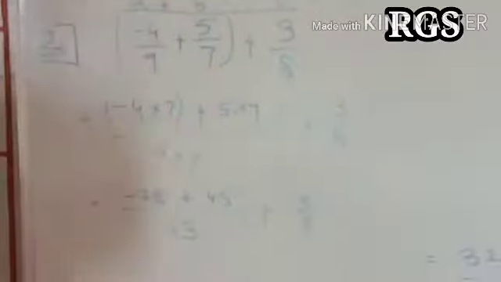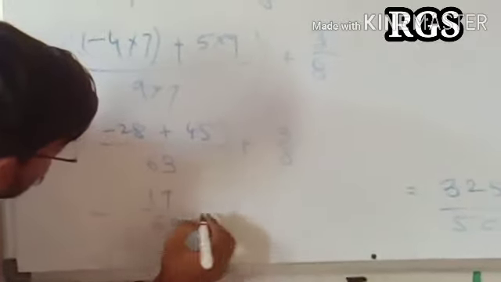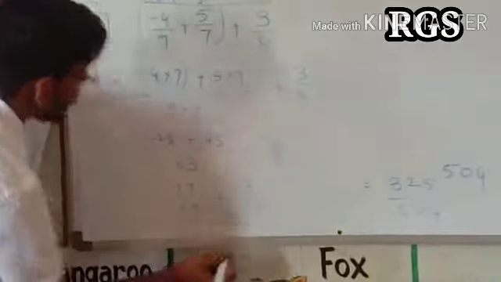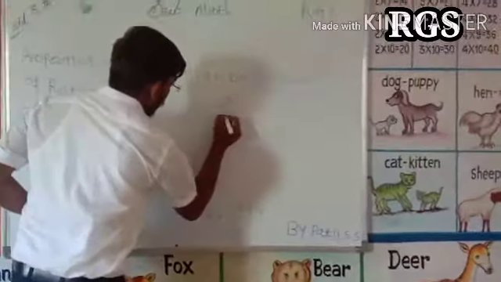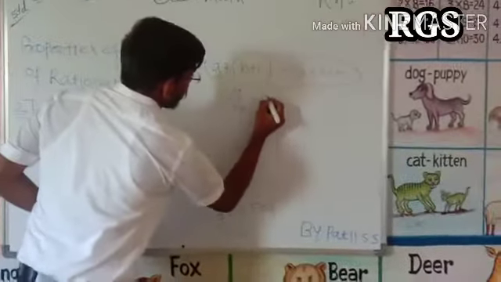After adding this plus 45 with this minus 28, what will we get? 17 upon 63 plus 3 upon 8. Now see here, 17 upon 63 plus 3 upon 8.